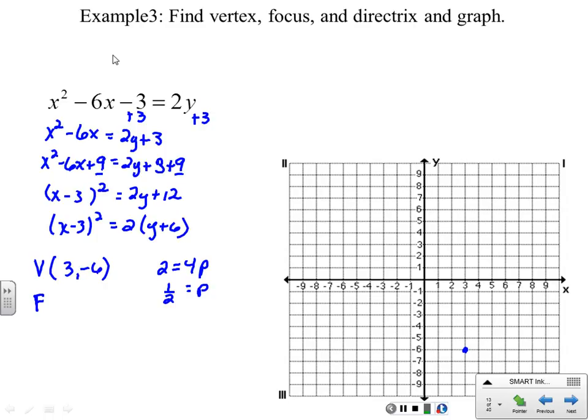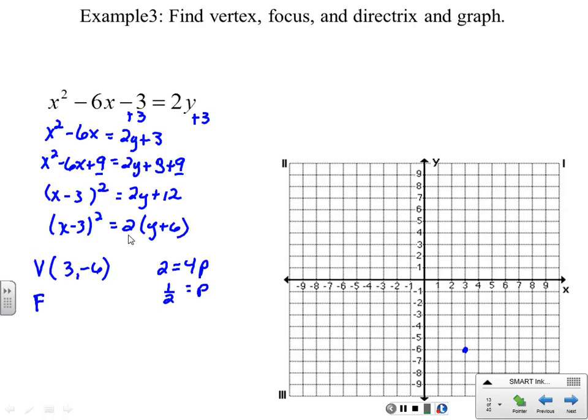All right. This parabola goes up or down? It's going to go up because this 2 is positive. So I'm going to go 1/2 a unit up for my focus.